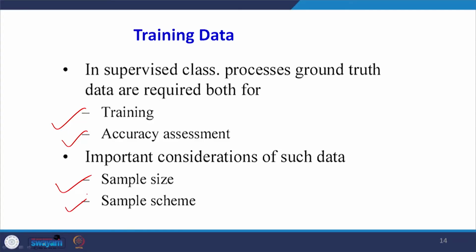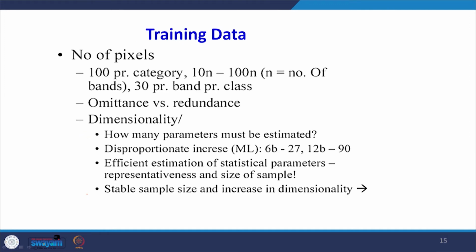This is important. Another important consideration is what my sample size and sampling scheme will be. How big should the training sample be, and what will be my training sampling scheme, because there are many methods given in the literature. As per literature, there is no fixed guideline, but different literature gives you different criteria.